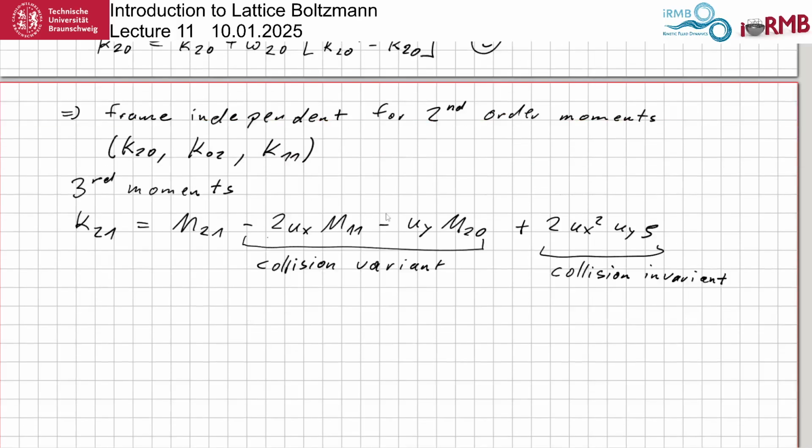Okay, let's see. We want to express the raw moments in terms of central moments. But in here, there is dependence on several moments, so we'll have to write things down again.